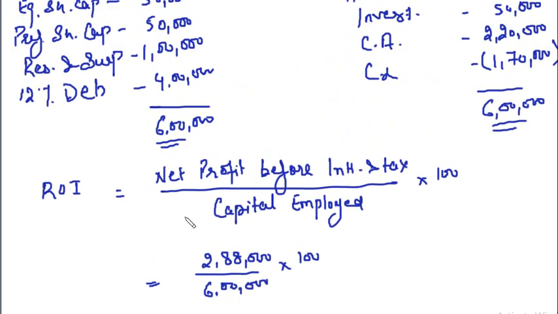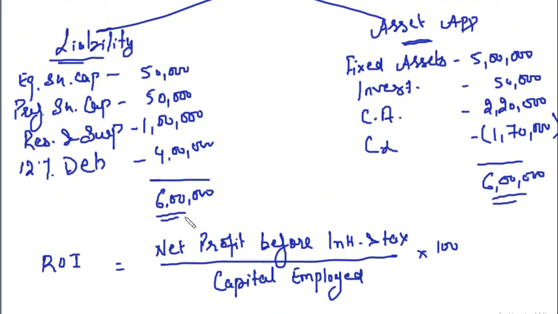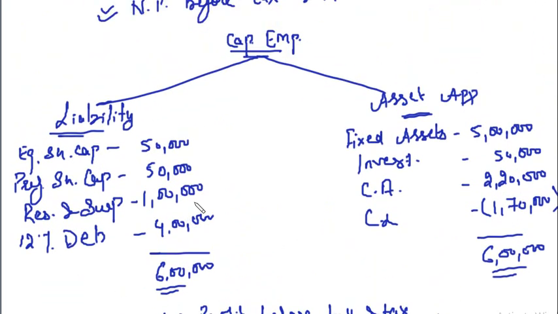Clear about the return on investment or return on capital employed ratio. Clear, friends? And in the examination, if you have sufficient information regarding the capital employed, you must show both the approaches. That is the liability approach also and the asset approach also. You must show. Right?